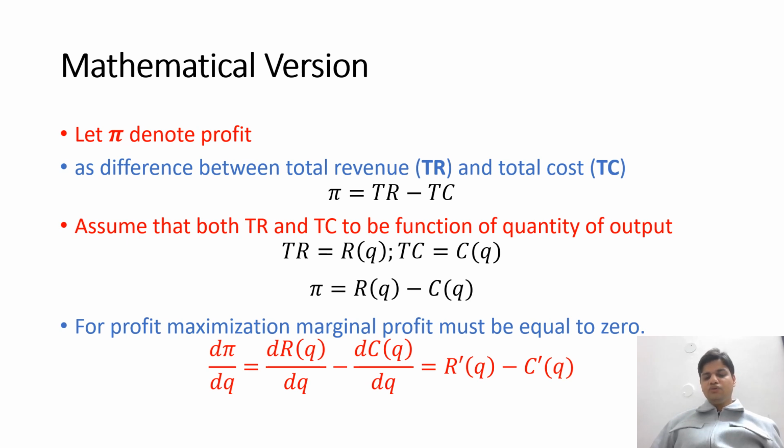Right now we must understand that R dash Q is the slope of the total revenue curve with respect to the quantity, and C dash Q is the slope of the total cost curve with respect to the quantity of output.